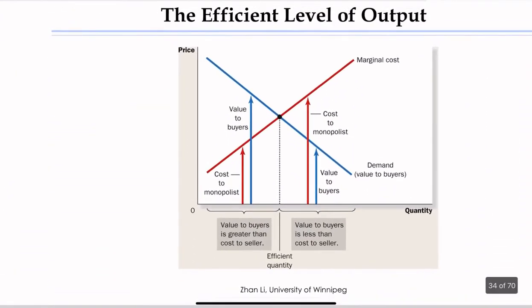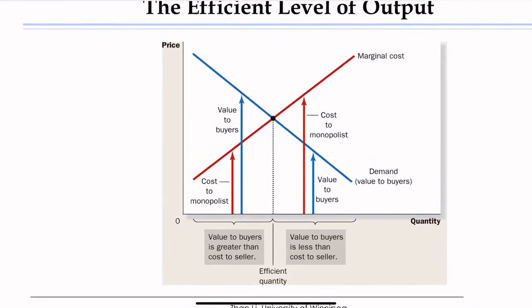And if you think about this question and compare it to the results we have obtained in previous chapters, then you will understand that even if the monopolist has higher profit, this higher profit cannot compensate for the loss from lower consumer surplus. The idea is like this. If you look at the demand curve and the marginal cost curve, let's say you're looking at a quantity here.